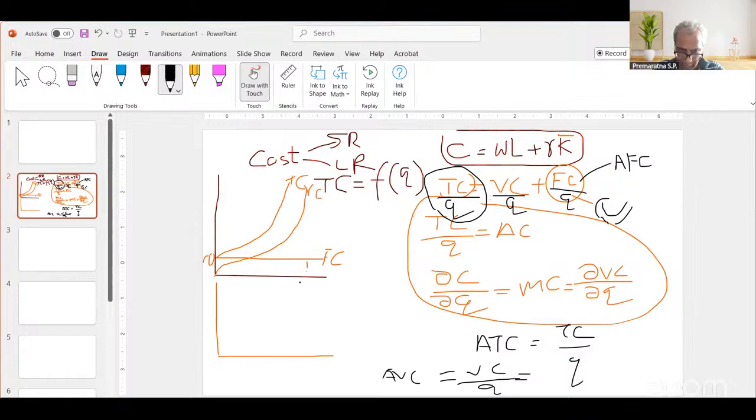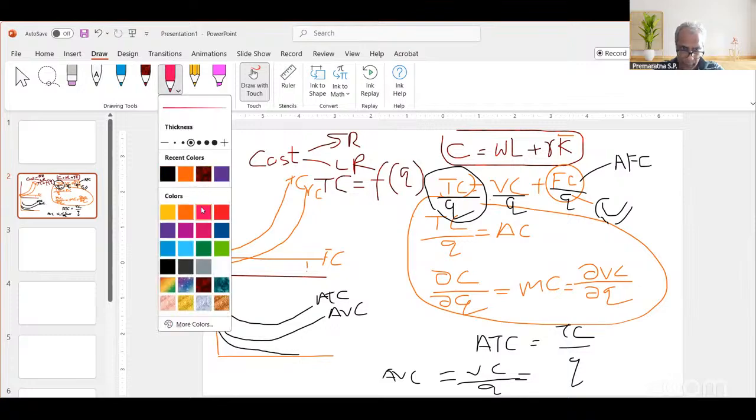So if you draw, you get the average total cost, this is the short run situation, then the average variable cost, then the average fixed cost. It's going to continue like that.